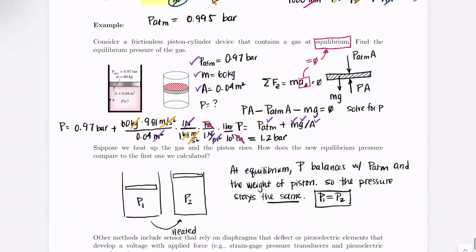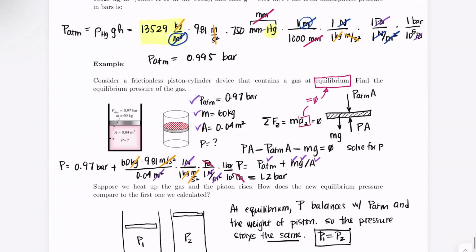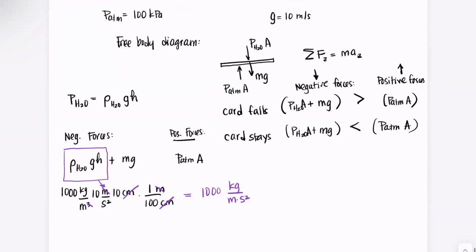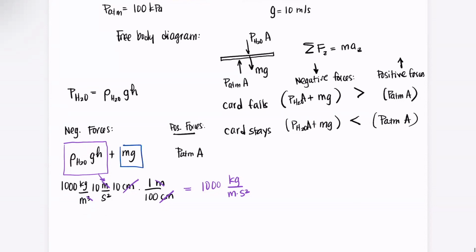Hang on, I think this is, yes, okay. And then this m times g, oh, we need an area. That's why. So we need our area in here. That's why the units are not correct. So always check your units.